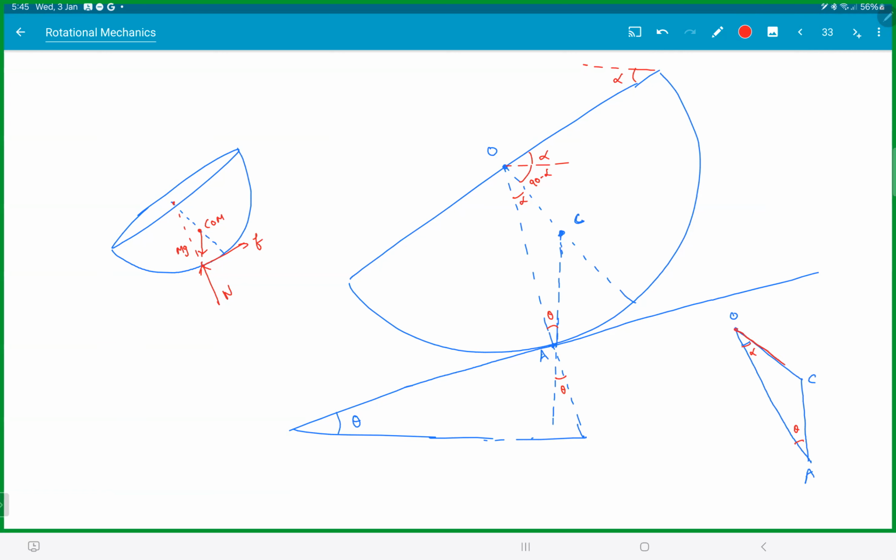And O to C length is 3r/8. And O2A will be how much? O2A will be R.